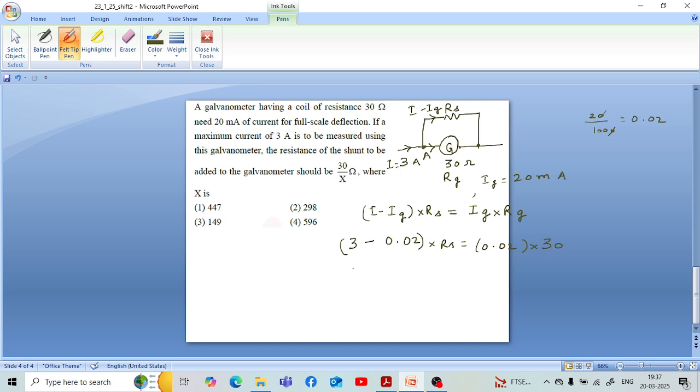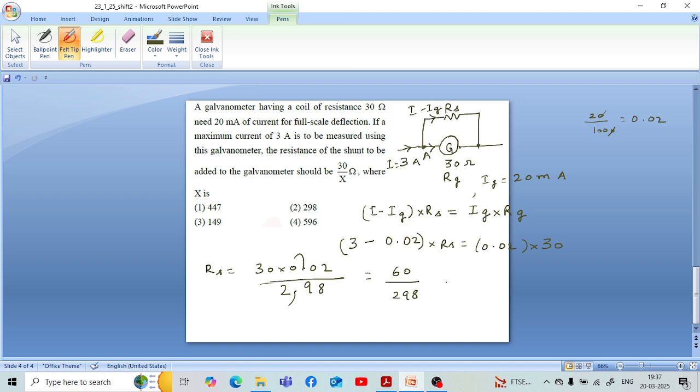Now solving this, we can calculate the value of Rs as 30 multiplied by 0.02 divided by 3 minus 0.02, which is equal to 0.6 divided by 2.98. Removing the decimal from both sides, we get 60 divided by 298.